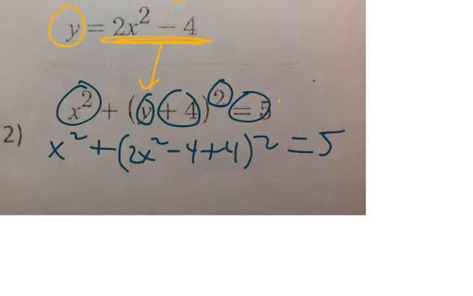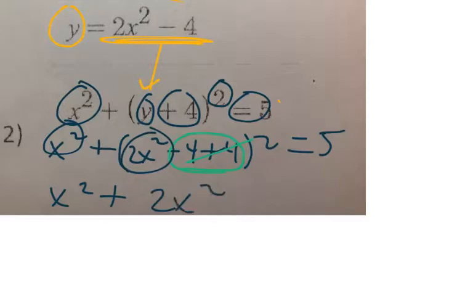Now what's going to happen that's really cool, if you haven't noticed this, see that 4 minus 4? That so conveniently happens to be 0, right? So now what do we have? We have an x squared right there, plus we have just that, 2x squared. Now don't forget it's still squared, equal to 5.